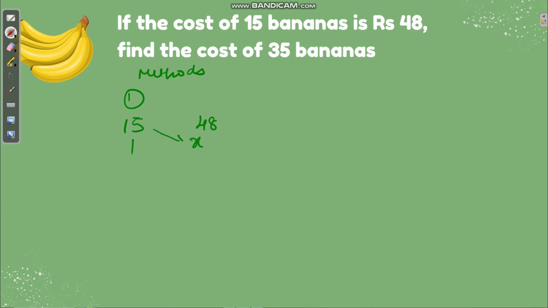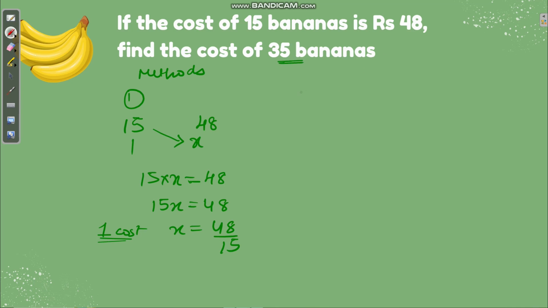Just cross multiply. So it will be 15 into x is equal to 1 into 48, that is 48. 15x will be equal to 48. So x will be equal to 48 upon 15. This is nothing but the cost of one banana. We have to find the cost of 35 bananas.